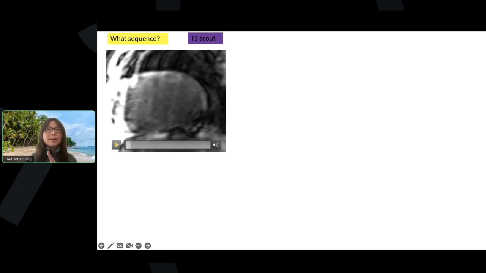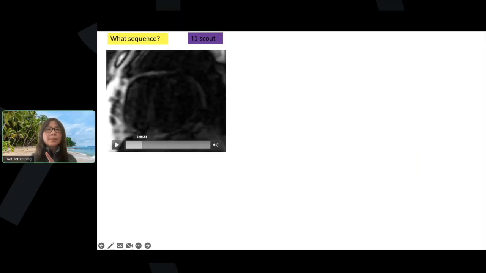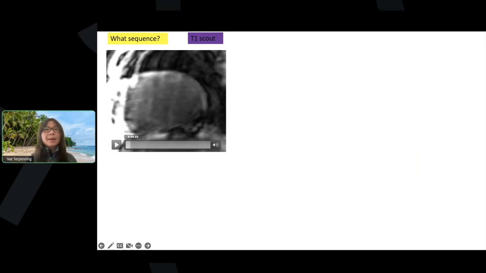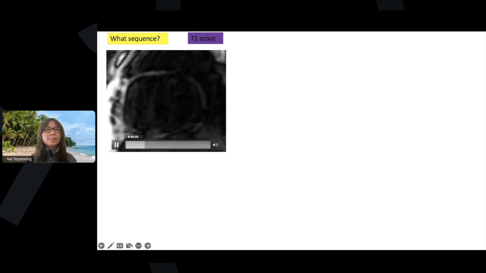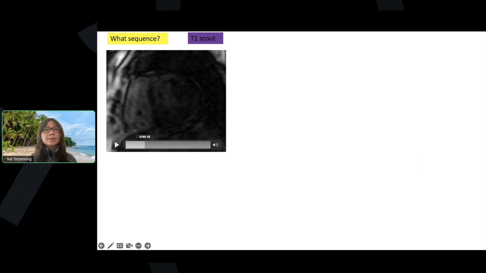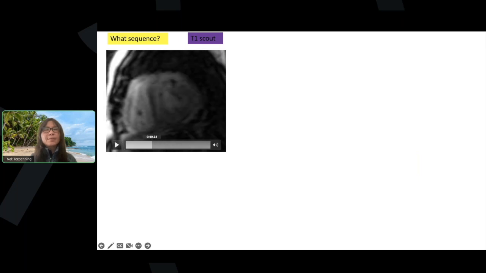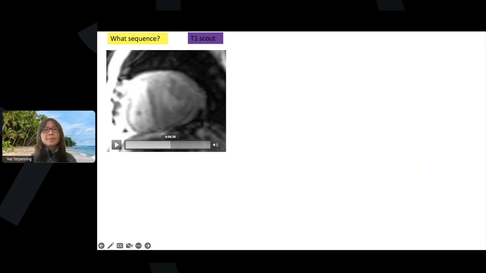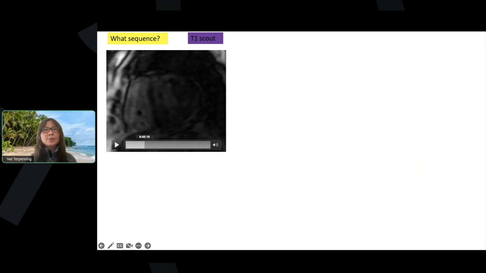Okay, and if you look at this one, come with me. See that my myocardium and blood pool are the same color. And as I go toward higher TI time, you try to find the null point of the myocardium. That means the myocardium is all black, so you choose that point.